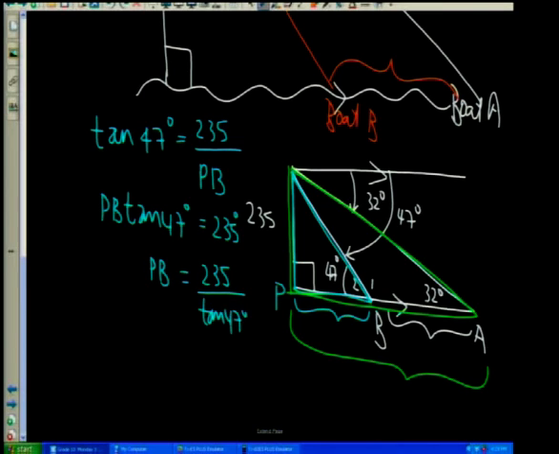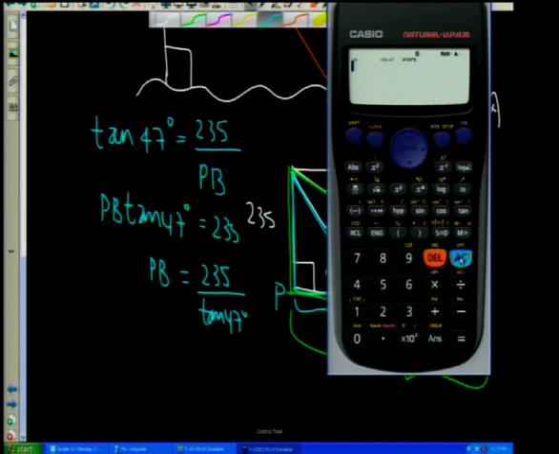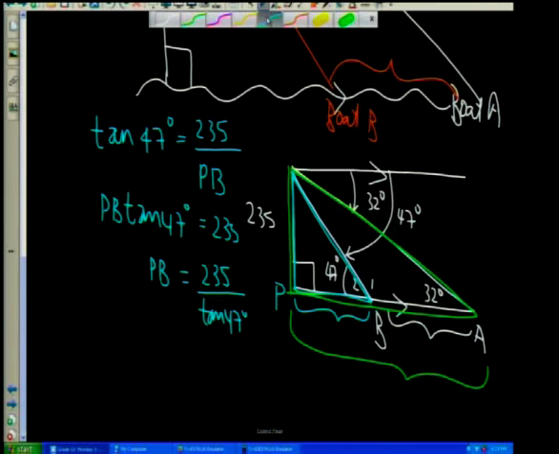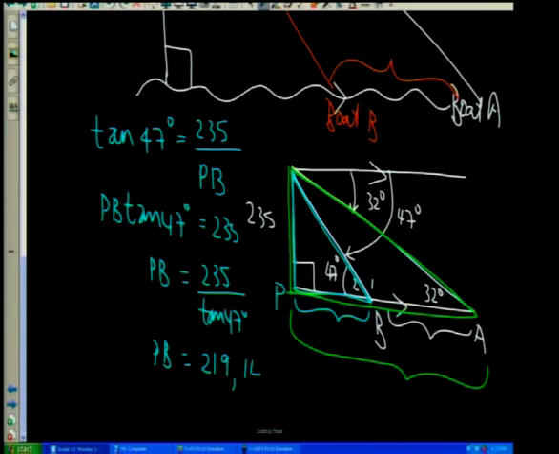Now we can use our calculator: 235 divided by tan 47 gives us 219,14. So PB is 219,14. That's this length here.